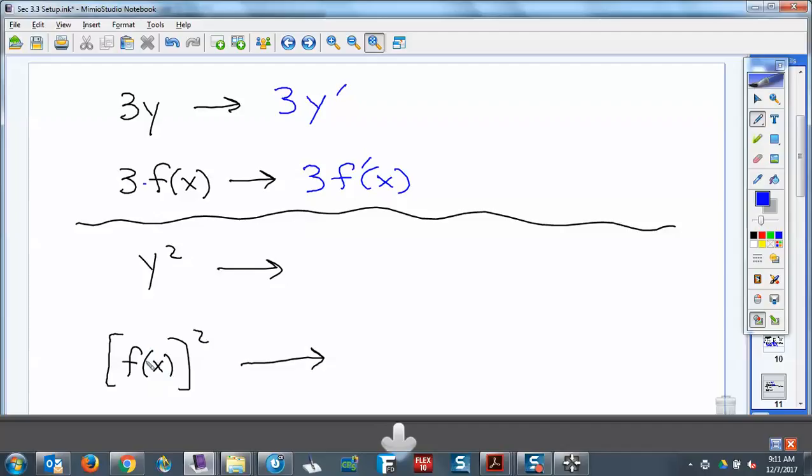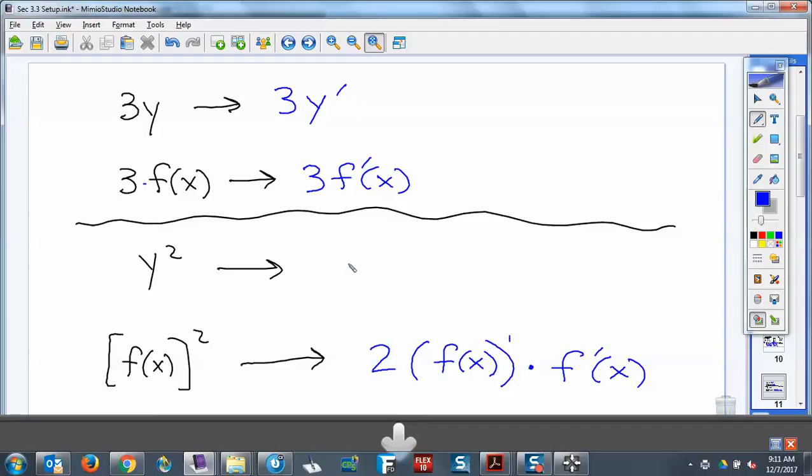What would you do for the derivative of this? When you bring the 2 down in front, then what? Isn't there an inside here? There's an inside here, times. Because of these parentheses, that made you think of that, didn't it?